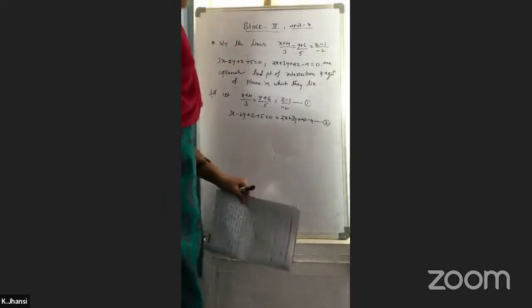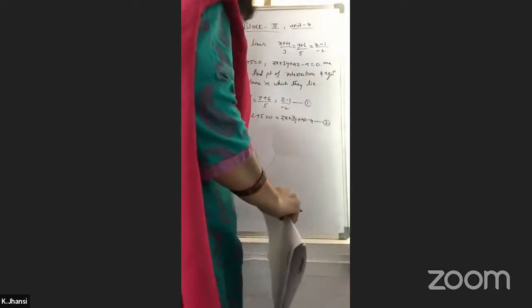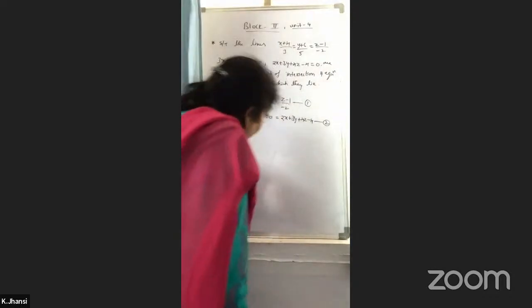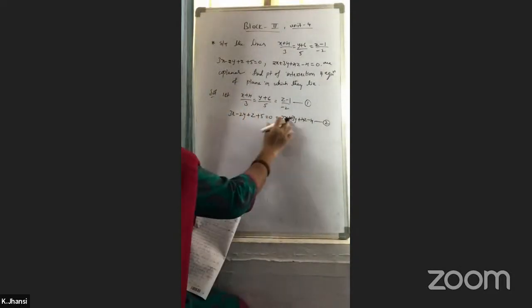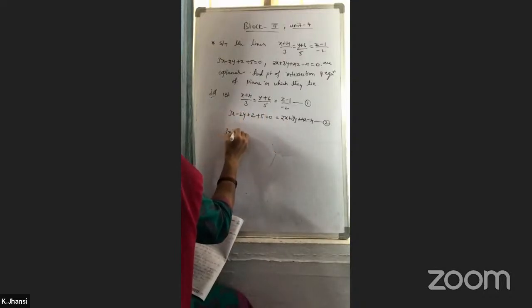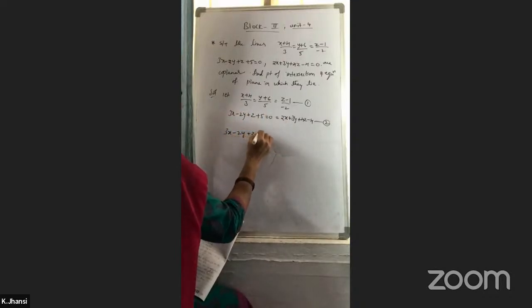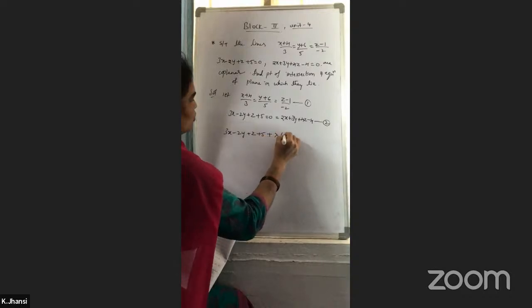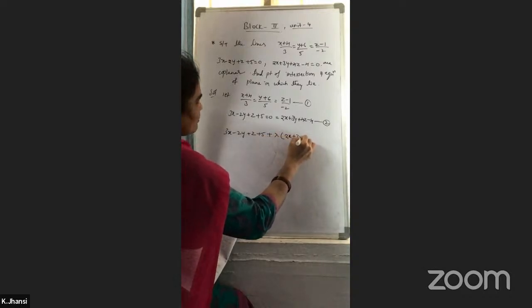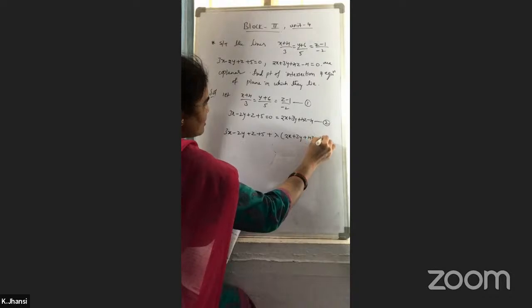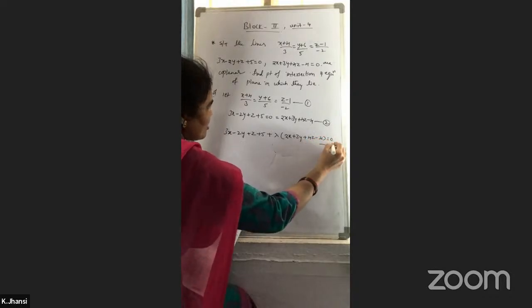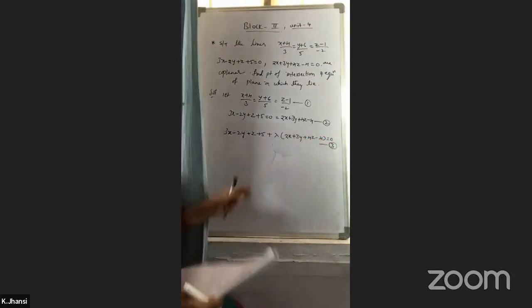Okay. Now the third one is combining these two plane equations: 3x - 2y + z + 5 + lambda into (2x + 3y + 4z - 4). Okay, this is the third equation.